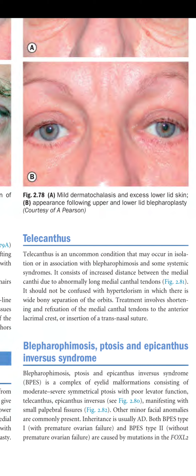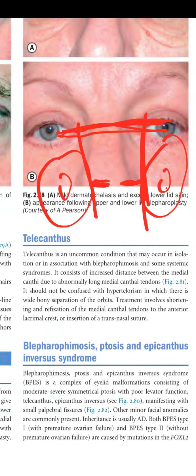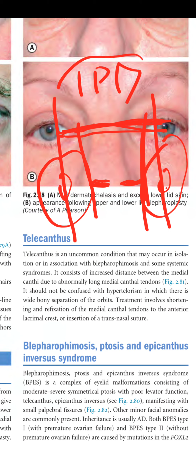a transnasal suture. So basically, in case of telecanthus, for example these are the eyes, the medial canthal tendons are very long. Because of this, it will give the appearance of increased distance between the medial canthi, and that is why the IPD, which is the interpupillary distance.